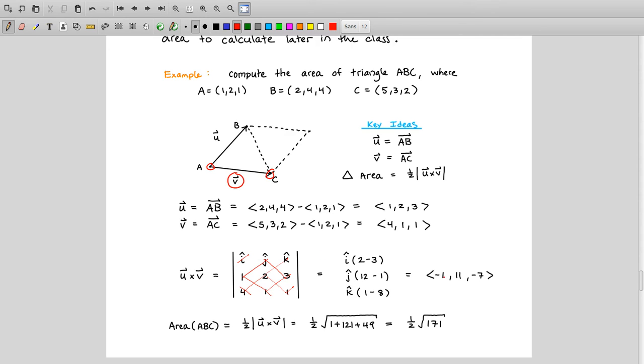That gives us the vector (-1, 11, -7). The area of the triangle is half the magnitude of the cross product, so we compute that magnitude, we divide by 2, and we get the area of the triangle.